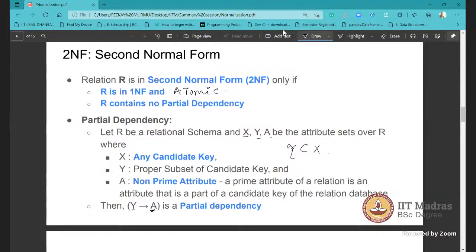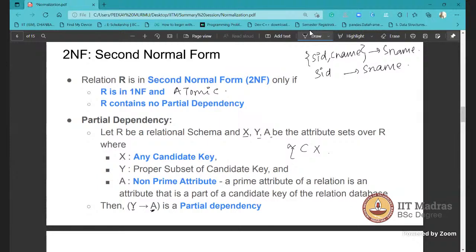Previously we saw the functional dependency: SID and C name can determine S name, and SID determines S name.